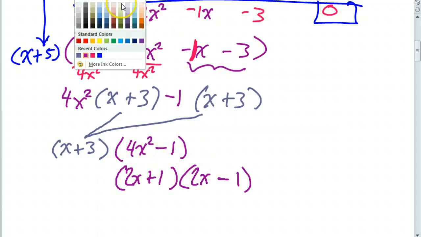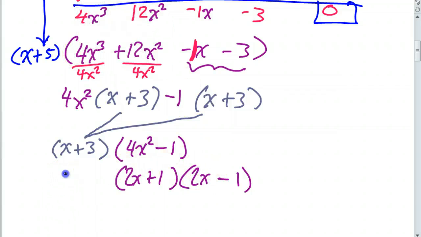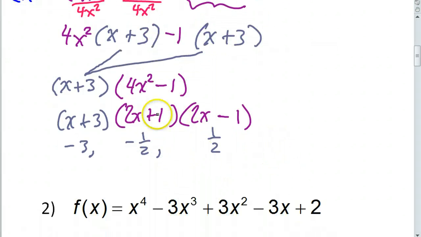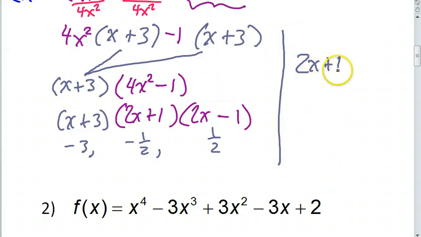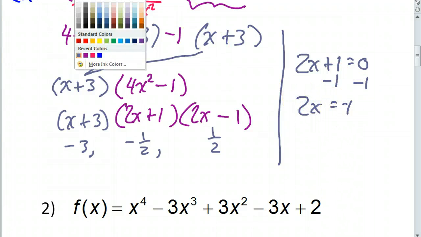And of course, we'll bring down the x plus 3 as well. So now this is completely factored. And the zeros will be -3, -1/2, and +1/2. Of course, I'm getting those by setting, for example, 2x plus 1 equal to 0 and solving.